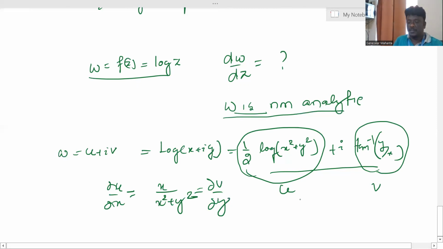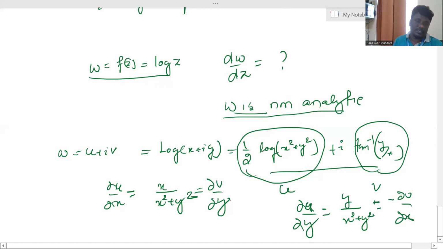And del u by del y is equal to minus y by x square plus y square, which is the same as minus del v by del x. Then this equation is satisfied, so the Cauchy-Riemann equations are satisfied.